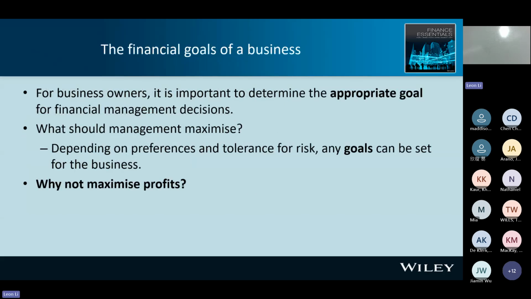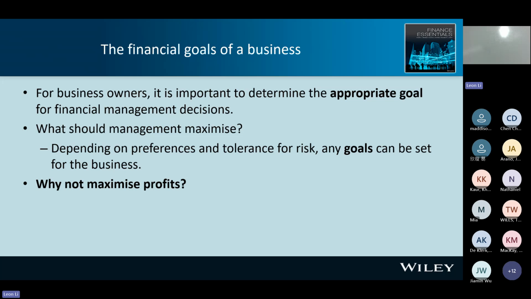For a business owner, it's important to determine the appropriate goal for financial management decisions. In our early discussion, I mentioned that for the business owner or company owner, the shareholder or stockholder, their concern is the stock price.